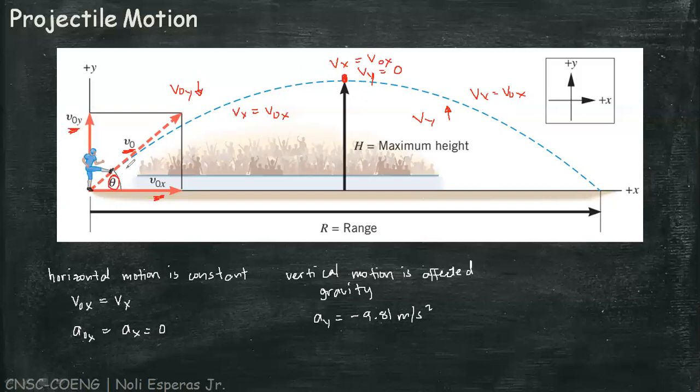If going upward, it's decelerating, and when it goes downward, it's accelerating because of the influence of gravity, until it reaches its final position wherein Vx is still equal to V naught x. And Vy has another value, of course. Okay.